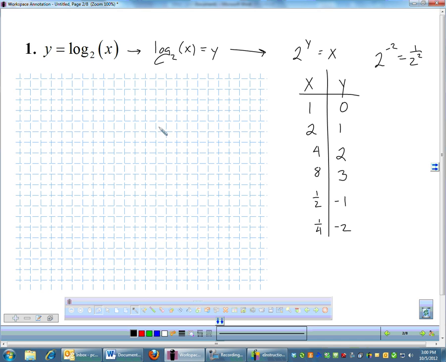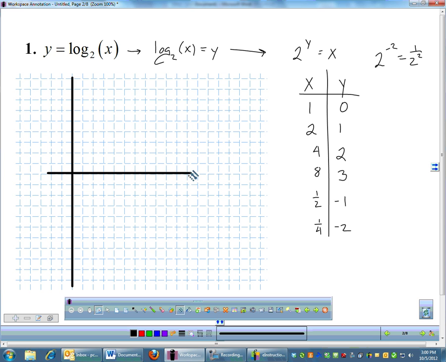So here I've got a whole plethora of points I'm going to graph. And if you notice all of these points, I have 0 negative x coordinates. All of my x coordinates are positive. So for this log graph, we are not even going to need to worry about negative x's. Everything's going to be on the right side of the y-axis.